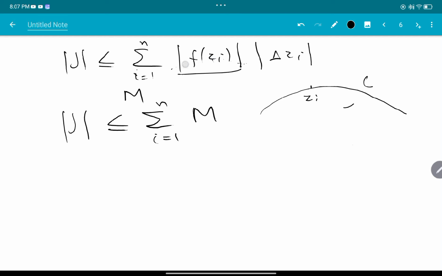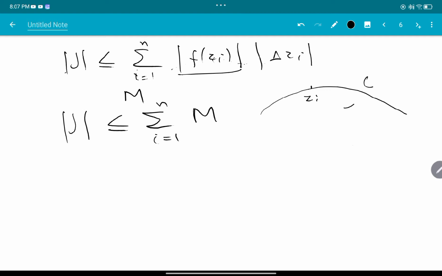It is already this is greater than this. This means that m will be greater than this, more greater. So I write here m and then delta zi.